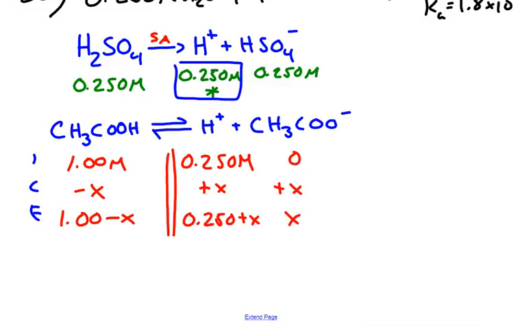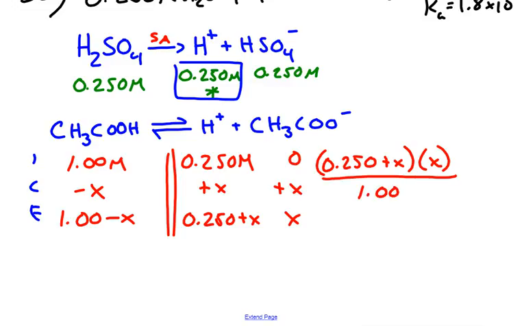So now I have all my expressions written out in my E, my equilibrium, and now I can make it equal to my K. So I do this. Am I going to have to do a quadratic?